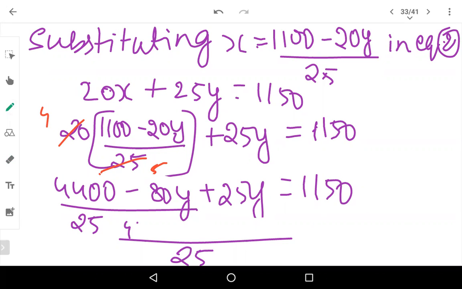So 4400 minus 80y. Oops. It's 5. What's wrong? Something is wrong.